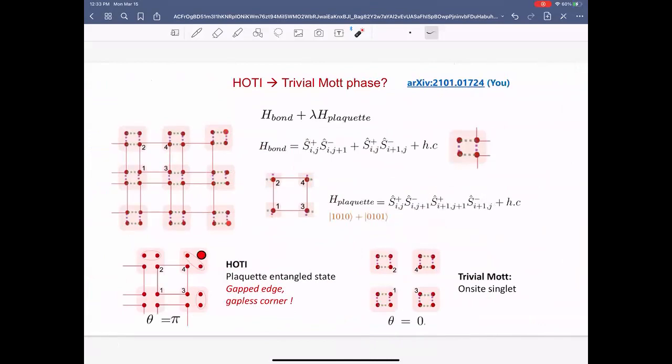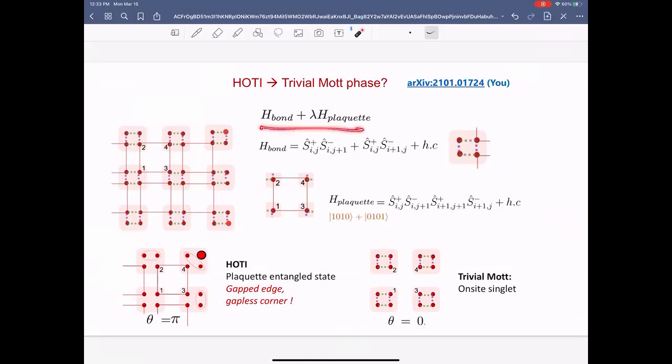So now I have introduced this new type of higher order topological insulator, which has a quantized quadrupole moment, and that quantized quadrupole moment itself indicates that if you have a corner where theta jumps from pi to 0, there should be a free spin 1/2 mode localized at the corner. Since the main focus of this talk is phase transitions, we will now add some additional terms and try to drive the higher order topological insulator toward a critical point.